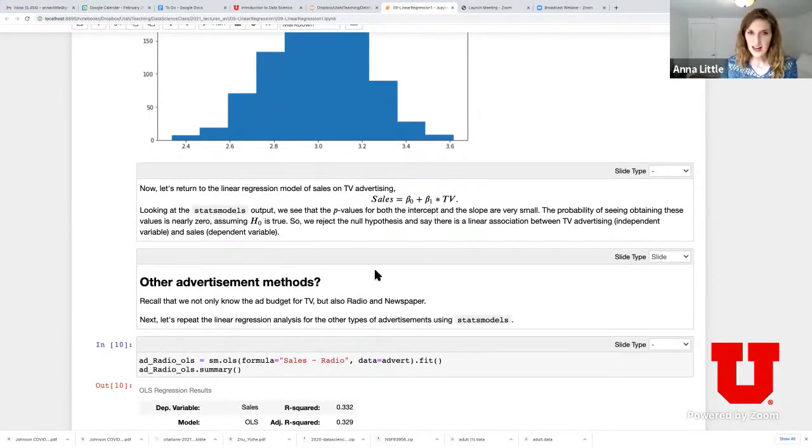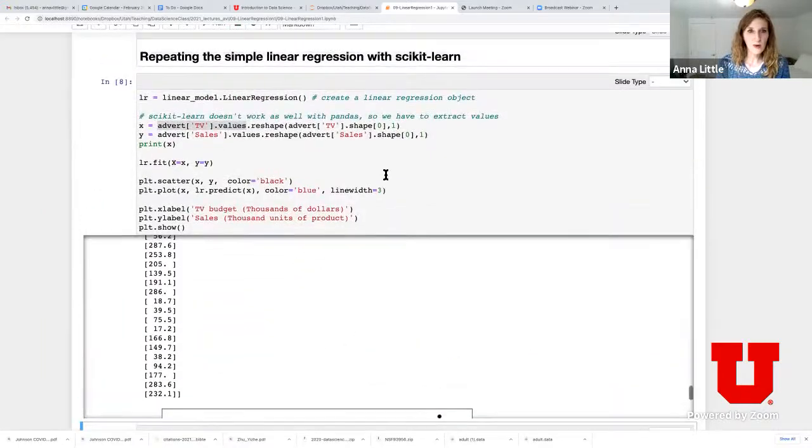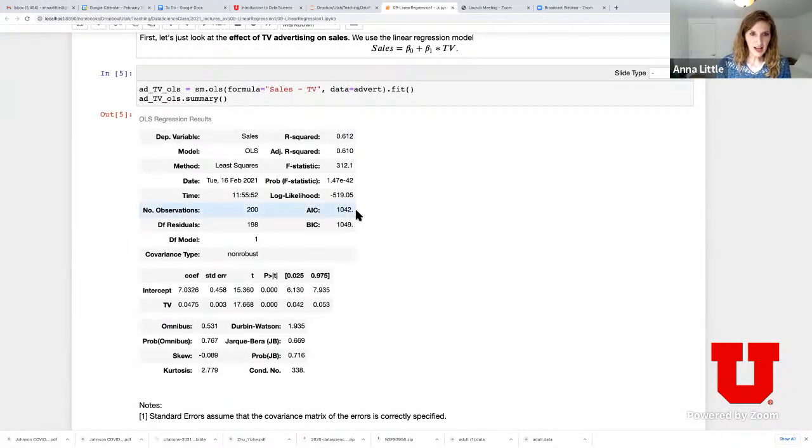Let me see. Are there any questions on that up to this point? Any other questions? Can you calculate a confidence interval? Yes, you can, and it gives that to you. So if we scroll back up to the output, you notice right here, this is giving you a 95% confidence interval.